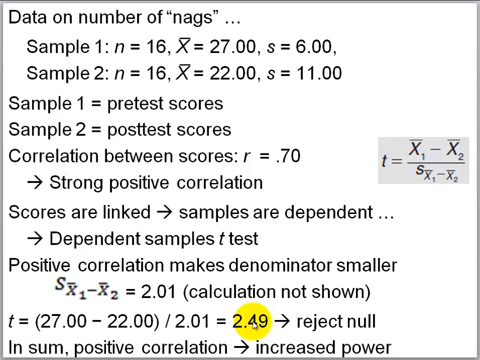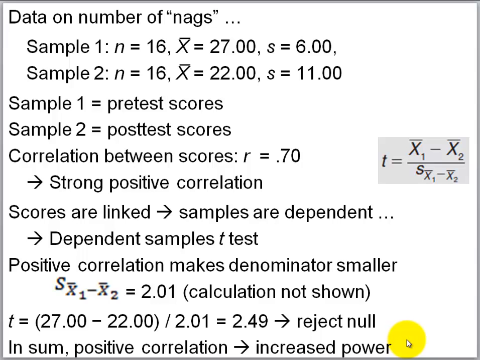So t calculates to 2.49, and I don't show it, but we could go and consult the table of t-test values, and the absolute value of 2.49, which is indeed 2.49, that is indeed large enough for us to reject the null at the 0.05 level. So what's been demonstrated again is that positive correlation between samples can markedly increase your power.